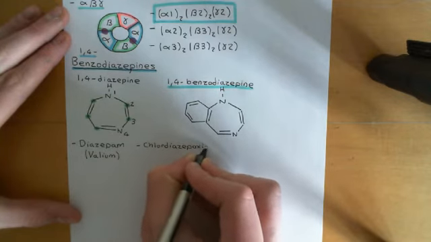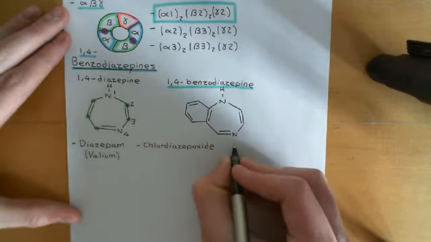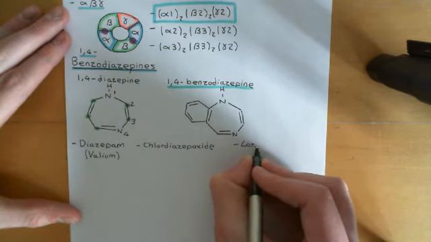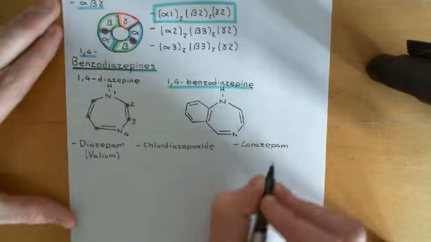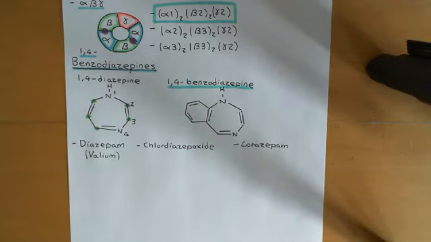And then another notable one is lorazepam. So, 3 notable examples of 1,4 benzodiazepine drugs. From now on we'll just refer to them as benzodiazepines, but be aware that there are also the 1,2 and 1,3 benzodiazepines, which have very different properties.